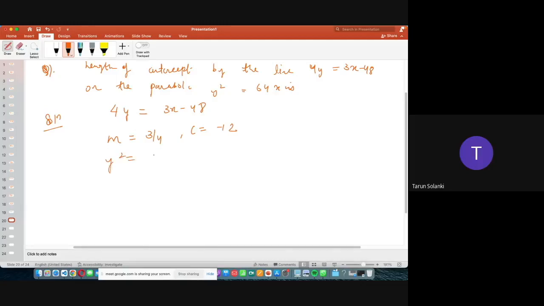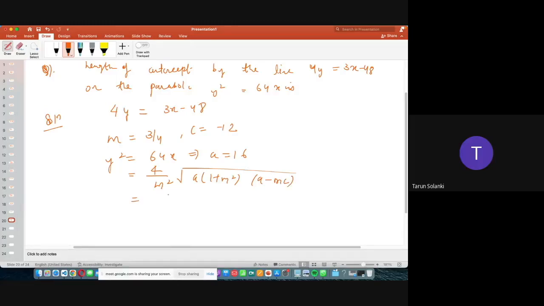So y square is 64x, so a is equal to 16. So the formula is 4 by m square under root of a (1 plus m square)(a minus m into c).